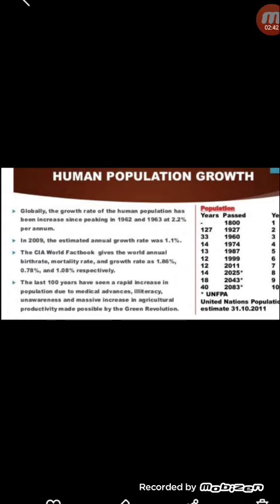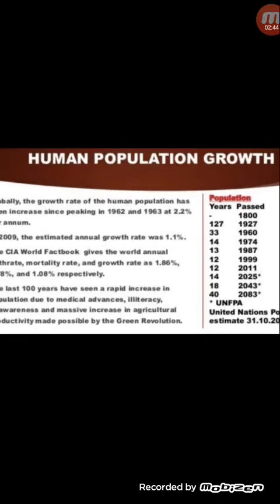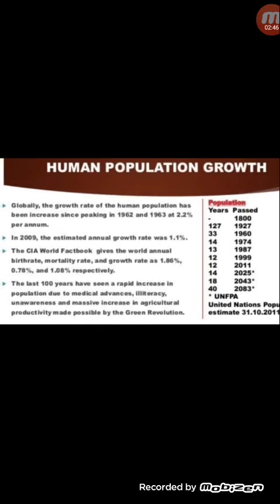The CIA World Fact Book gives the world annual birth rate, mortality rate, and growth rate as 1.86%, 0.78%, and 1.08% respectively. The last 100 years have seen a rapid increase in the population due to medical advances, illiteracy, unawareness, and massive increase in agricultural productivity made possible by the Green Revolution.